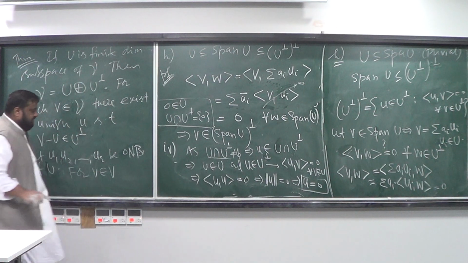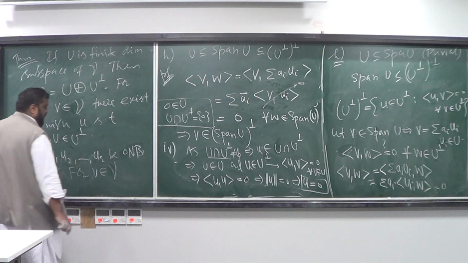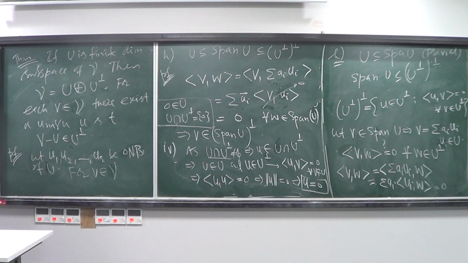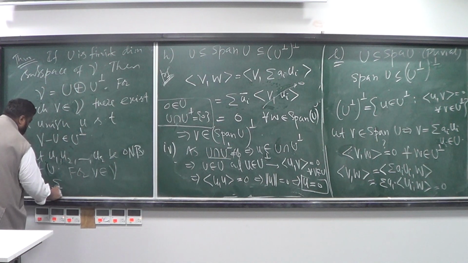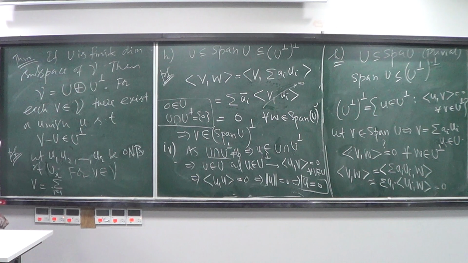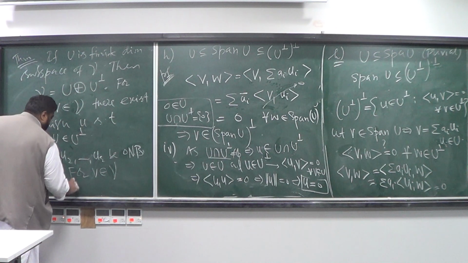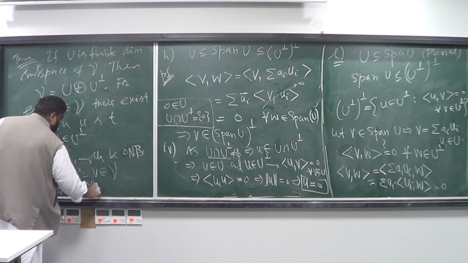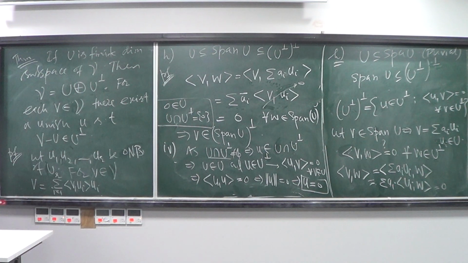Now for any V in V, do the following. Consider this one. V can be written as the sum from i equals 1 to R of the inner product of V with Ui, times Ui, because I know that this is an orthonormal basis.